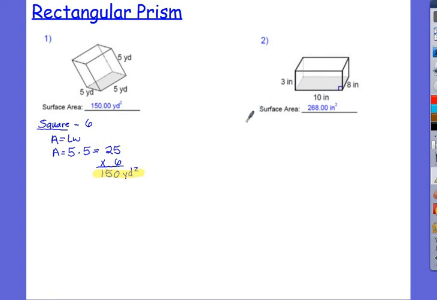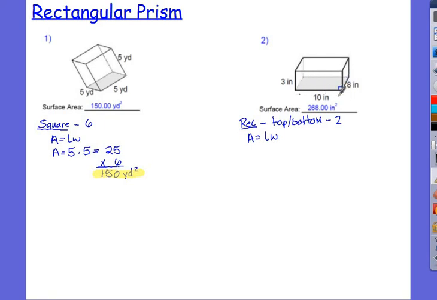So first shape, all of them formed a rectangle, so I'm going to say rectangle. What side of this figure do you want to look at? Top, bottom, side, side, front, back. Top. All right, so we're looking at the top and the bottom. And how many of these rectangles are going to be the same? Two. How do I find area of a rectangle? Length times width. So I'm looking at the top and bottom of this shape, this little gray area here.